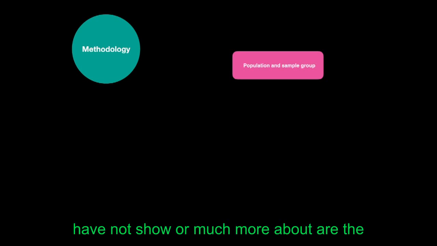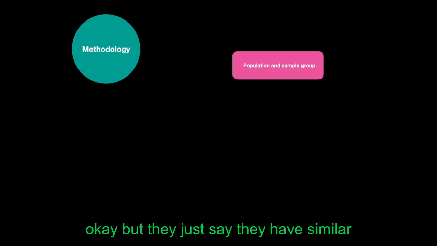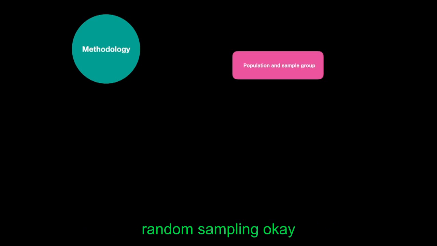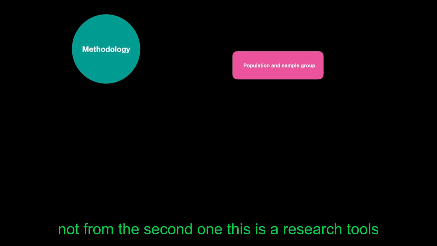However, they haven't shown much more about the sampling method. But the sample group is 100 workers. Okay, but they just say they are simple random sampling. Okay, but they haven't shown like a formula used, like from Taro Yamane or not.